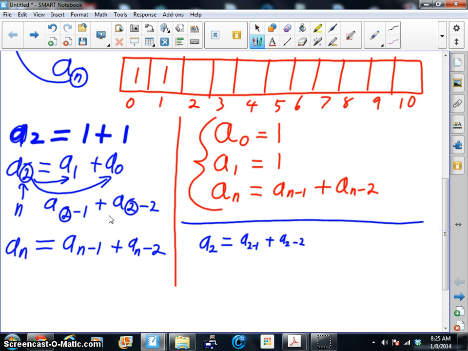I have this right here that says A sub 2 minus 1. So A sub 2 is A sub 1 plus A sub 0. Now I look at our sequence. These are the two numbers, so I just plug in 1 and 1. A sub 2 is equal to 2. So I can just plug in 2 right there.